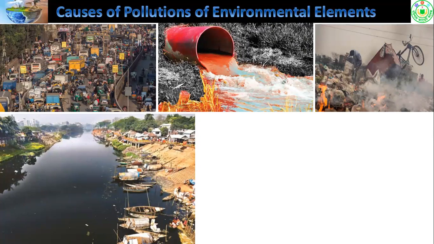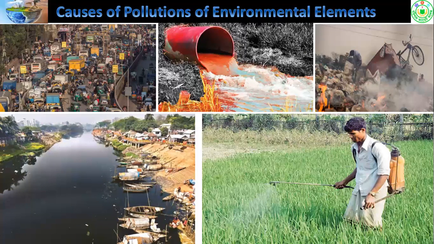See, it is a river in Bangladesh and it has been polluted. The color of the water is black here because of water pollution. And use of insecticides or fungicide or chemical in the crop field, it also harms the soil and atmosphere.